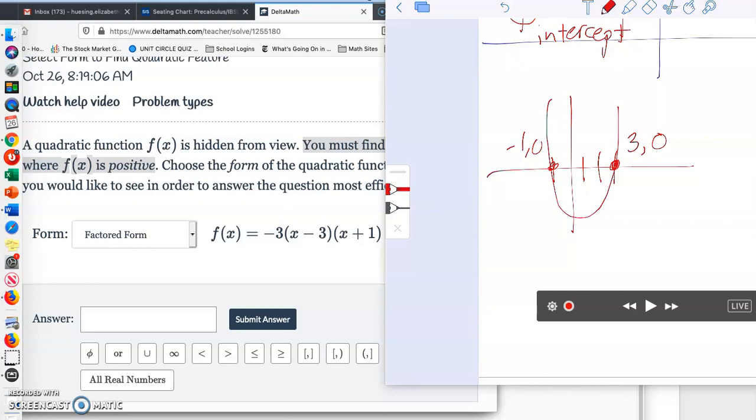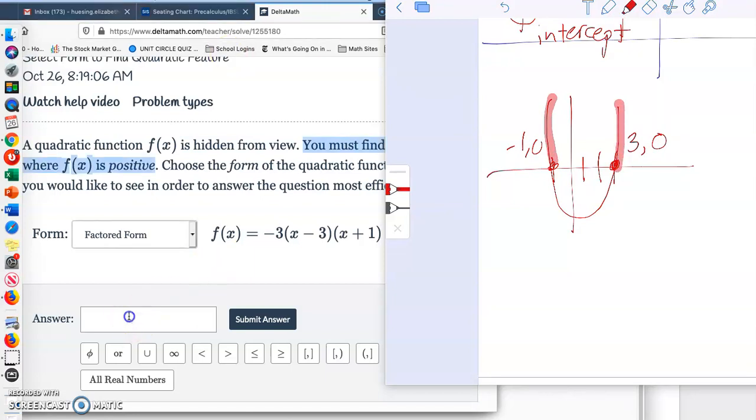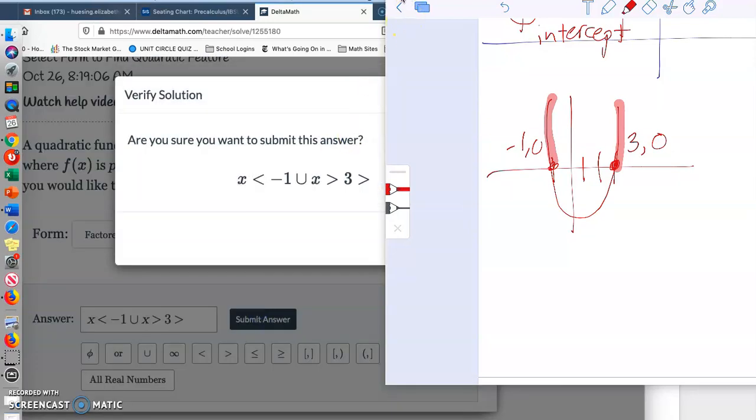So when is this positive? Well, it's positive when it's above the x-axis. So those two right there. So we could say when x is less than negative 1, union when x is greater than 3, because it's both of those intervals there. And then we can submit that.